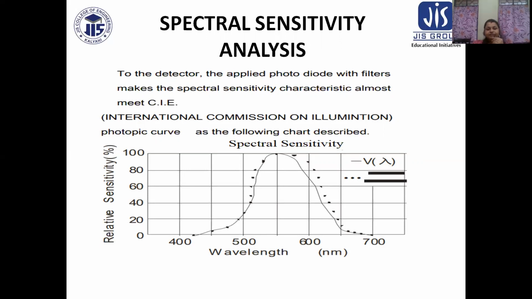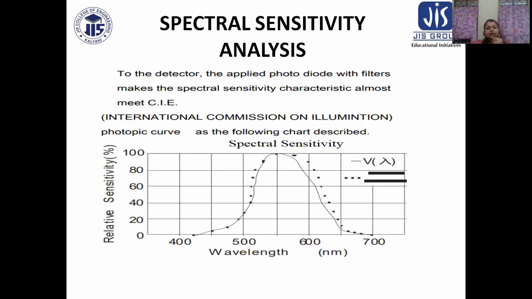In this graphical representation, we can see a photopic curve as the chart describes. The photopic curve comes from photopic vision. Photopic vision is due to the cone cells, and it is applicable only for color discrimination. The human eye consists of rod cells and cone cells.